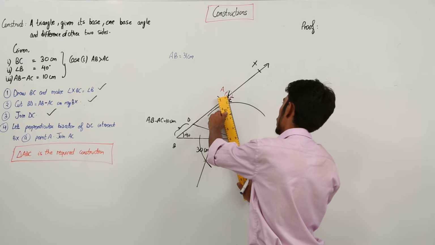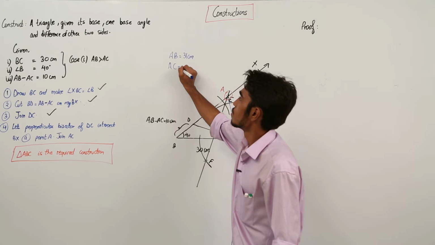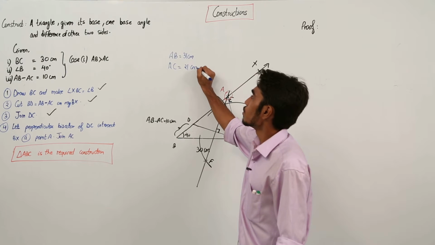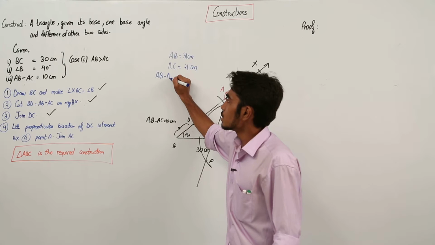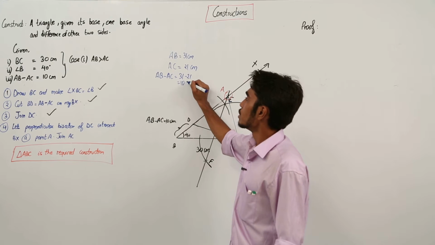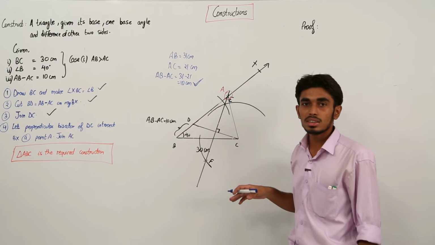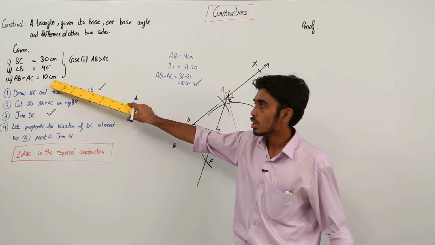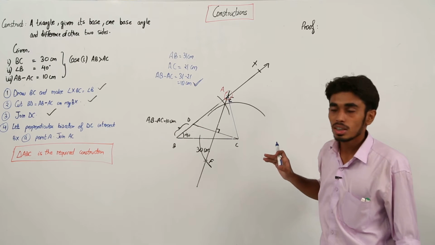AC is coming out to be 21 centimeter. So I can see that AB minus AC is 31 minus 21, which is nothing but 10 centimeter. So this is verified, that AB minus AC is equal to 10 centimeter, which was required. So let us try to prove that this construction is right.